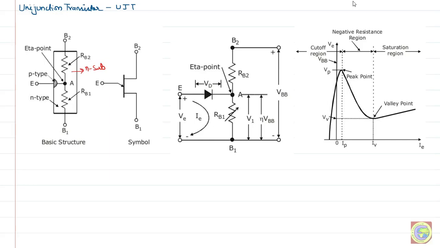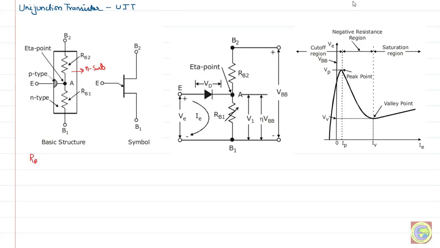It has three terminals. The point at which the P is embedded is the emitter, and on the N substrate there are two terminals known as base B1 and base B2. The resistance between B2 and B1, when the emitter is open, is known as the interbase resistance, popularly known as RBB.